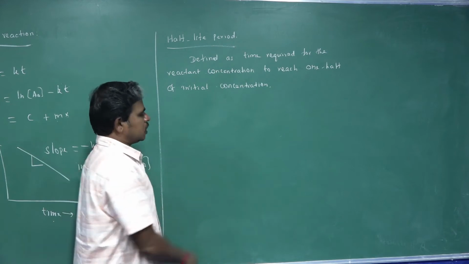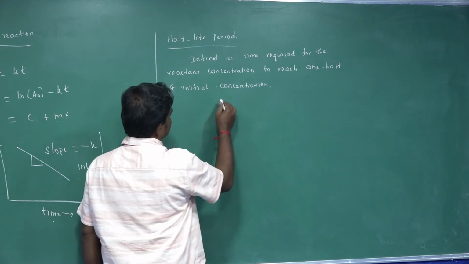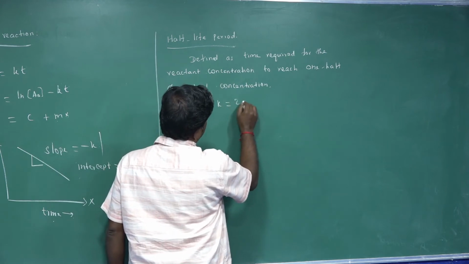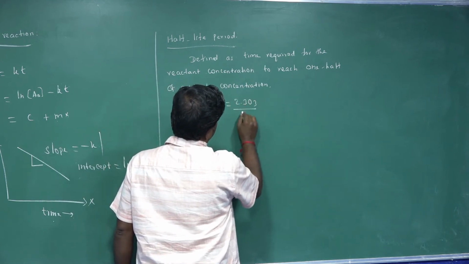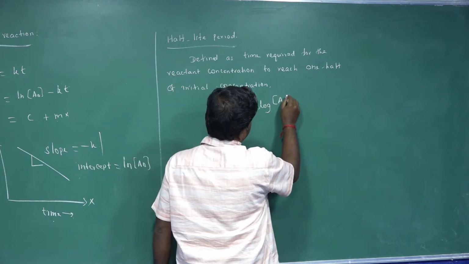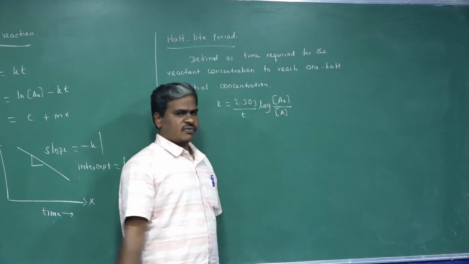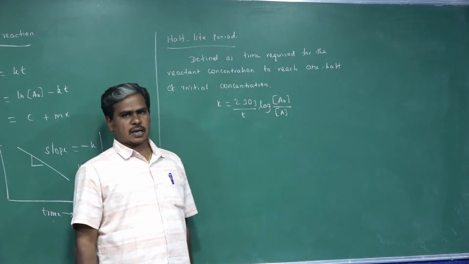Now we may find out the half-life period of a first order reaction. You know that k is equal to 2.303 by t log of [A]₀, the initial concentration, divided by [A], and it is the first order rate constant.